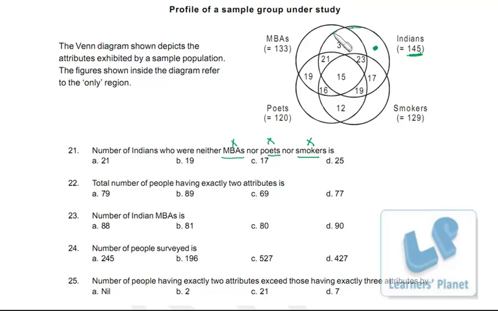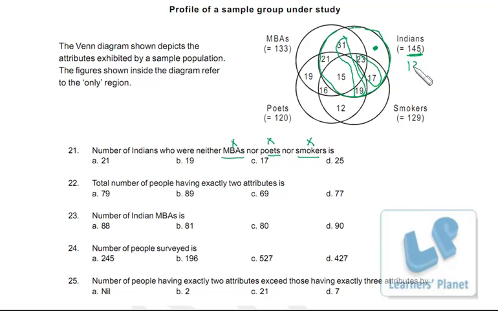Now this entire circle is 145, right? So from 145, if we deduct all this 6 data, then we'll be able to get the value of this remaining portion. Okay. So this is 23 and 17, 40, 40 and 50, 90, 90 and 20, that is 110, 110 and 15, 125 and 126.